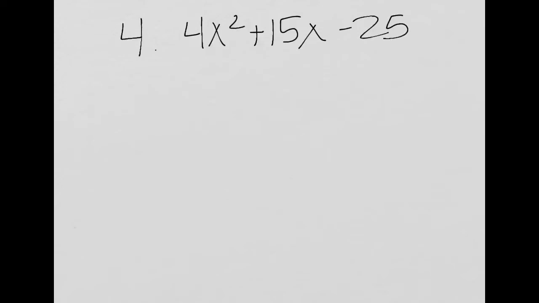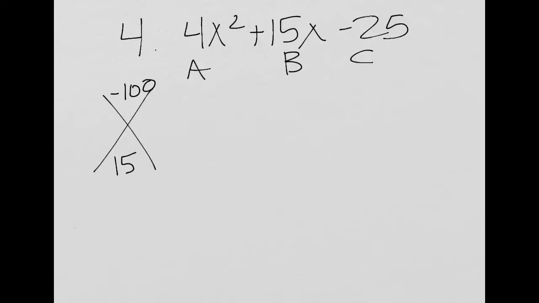Number 4, so I will look for a GCF, but 4, 15, and 25 have nothing in common. So I go ahead, make my x. A times C is negative 100. B is 15. So multiplies to give me negative 100, adds to give me 15 is 20 and negative 5.